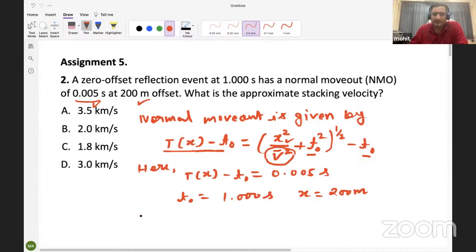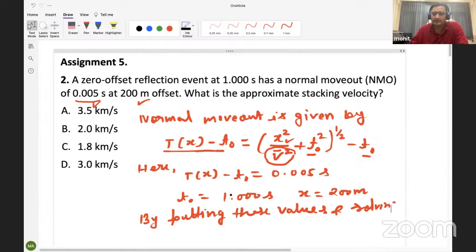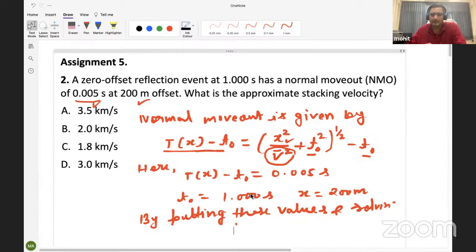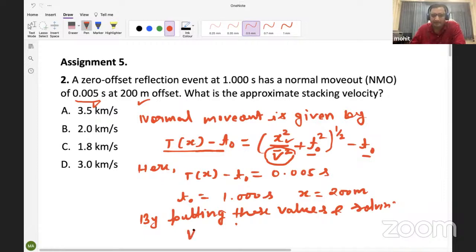By putting these values and solving, it will give you v bar equal to 2000 meter per second, or 2 kilometer per second.